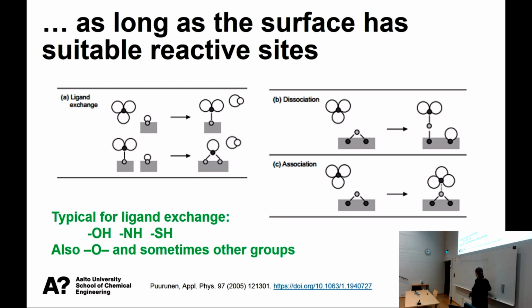This is something that you can observe, for example, with silicon NMR or carbon NMR or hydrogen NMR. And then there is one further example of association. I'm not sure how often that actually takes place, but it's a reaction where a new bond is formed between the metal and a surface group without any ligands leaving. In principle, possible as well.